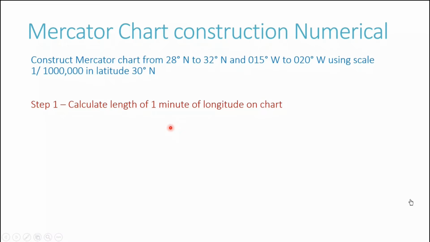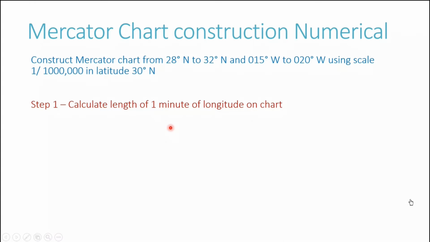Once we have this length, we will be able to solve these questions. Why we are interested in the length of 1 minute of longitude is that it is of a fixed length. You can go to any part of the chart, and that 1 minute of longitude will be of a fixed length. So it gives us a very convenient unit to construct the chart.